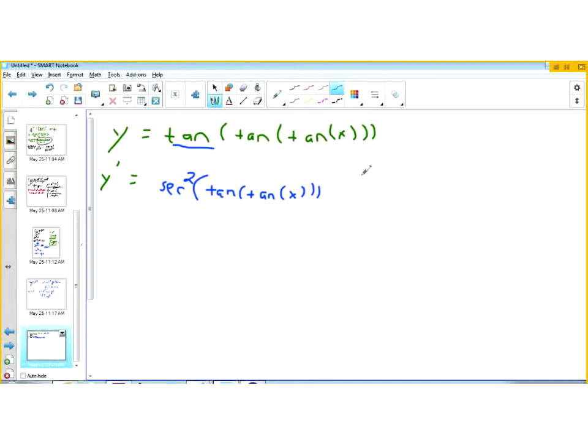Okay, and then of course you have to apply the chain rule component. So you'd have to take the derivative with respect to x of this piece right here.